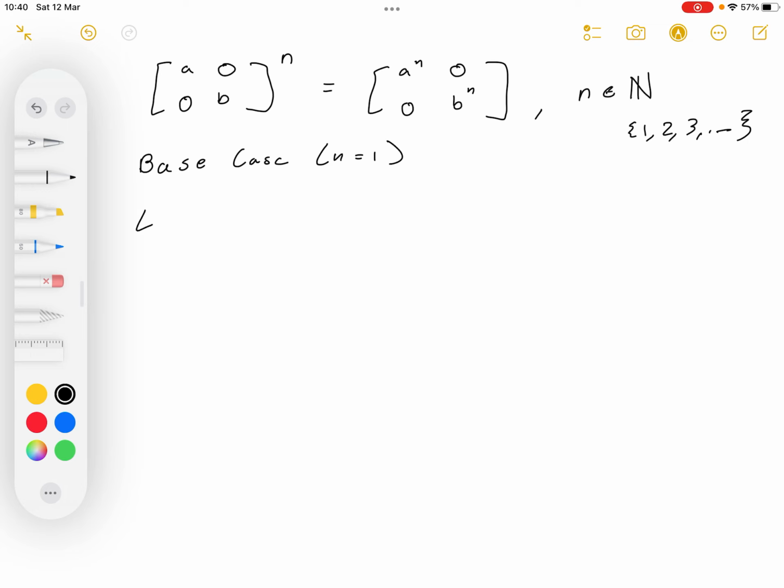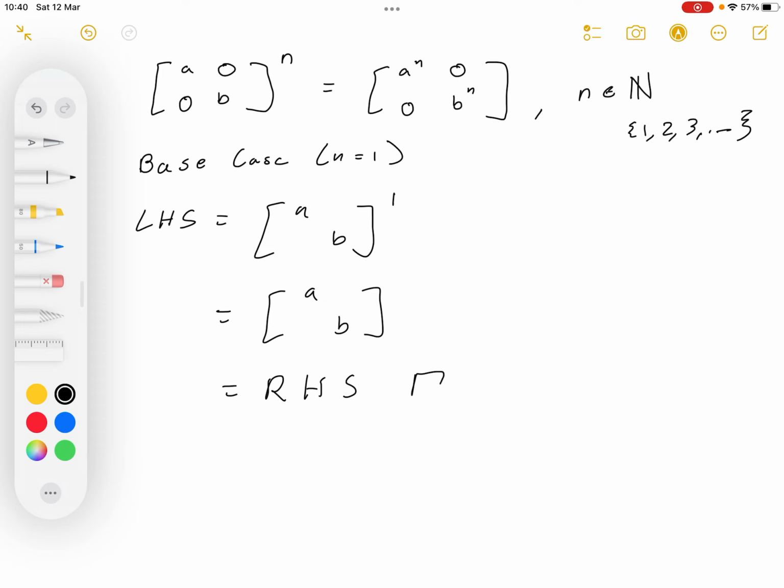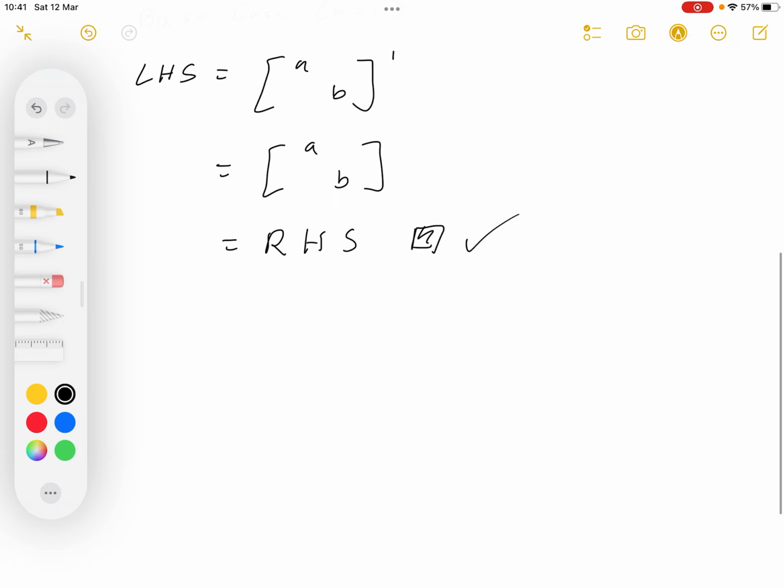So the left-hand side is equal to (AB) to the power 1, because n equals 1. And that is equal to just AB, and that is equal to the right-hand side. And that would be a check. It's true for n equals 1.